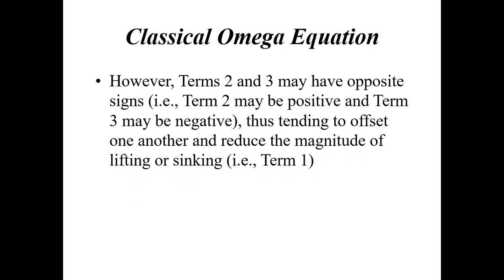This may tend to offset, basically one term is going to offset the other, and this is going to reduce the magnitude of lifting or sinking in term 1. Basically they counteract each other, so your vertical motion, term 1, is not going to be as strong.